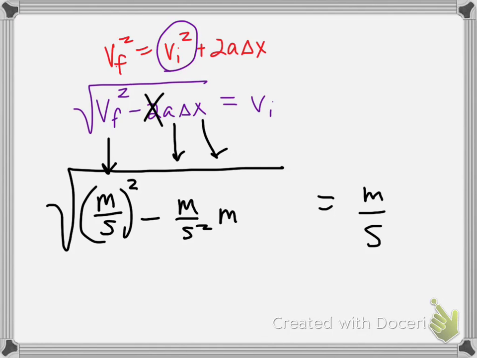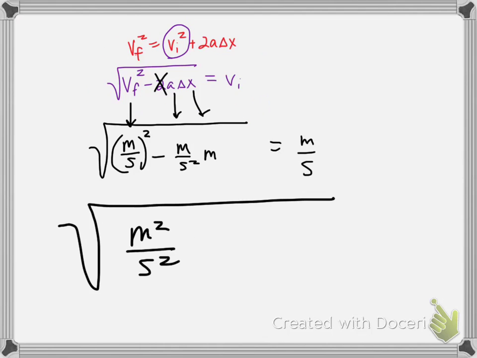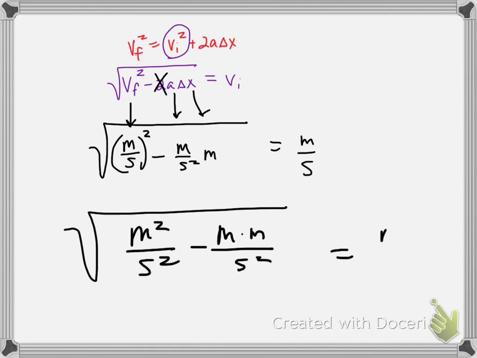So let's go ahead and start on the algebra. I've gone ahead and distributed that exponent, so I have meters squared over seconds squared. I'm going to multiply my meters per second squared times meters, which gets me meters times meters over seconds squared. And I'm claiming that this is all equal to meters per second.